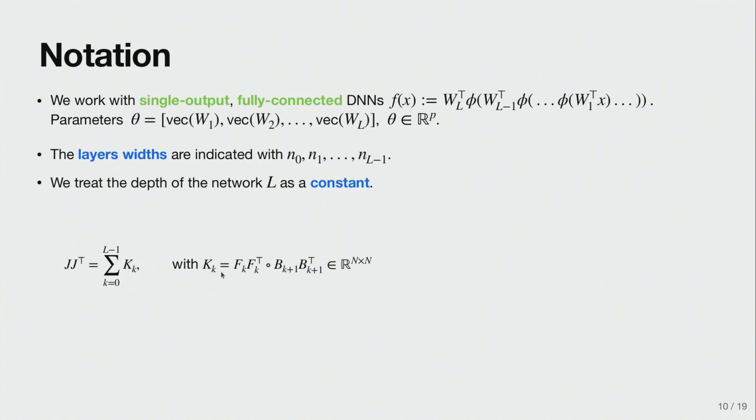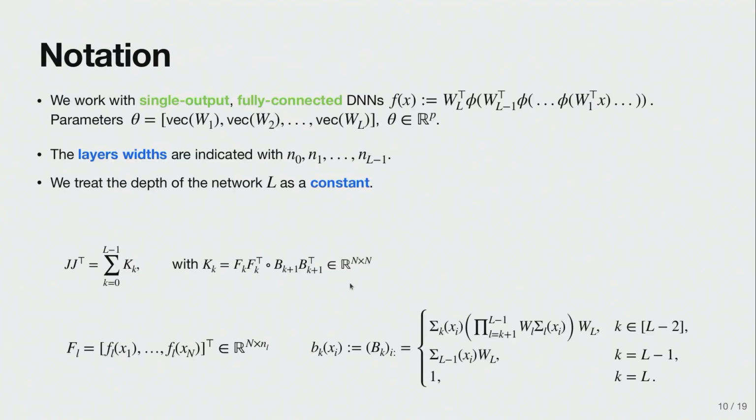And these partial kernels can be written as this component-wise product, Hadamard product, between this term that represents the features, so basically what we have inside our neurons, and the backpropagation terms. Backpropagation is a little bit more difficult to explain, but just consider it as this stack of derivatives with respect to every layer up to that point. So again, these subkernels are this component-wise product between the features from the left and the backpropagation terms from the right.